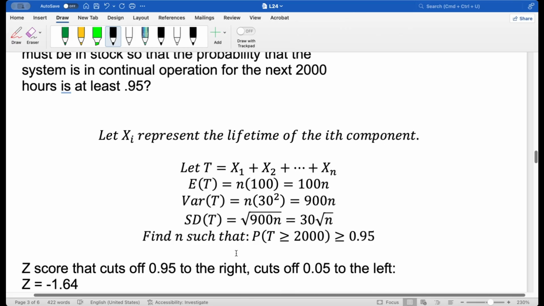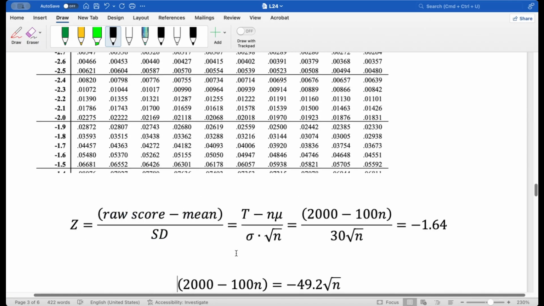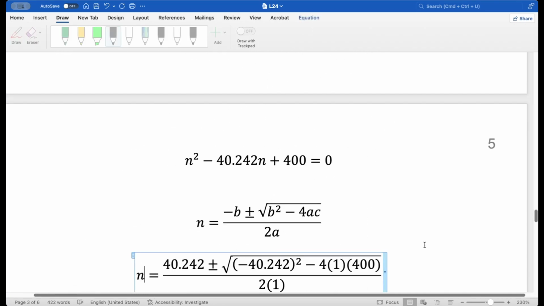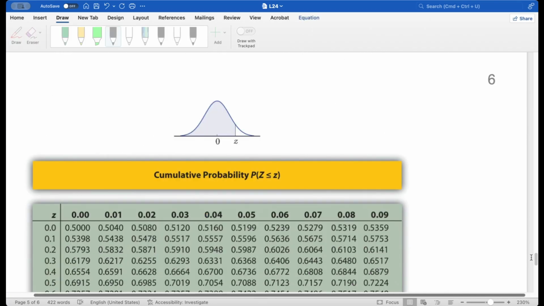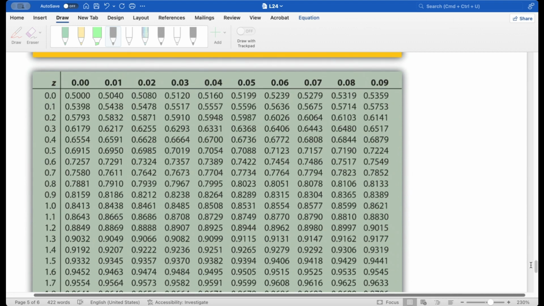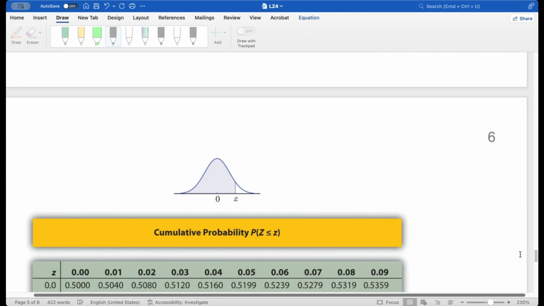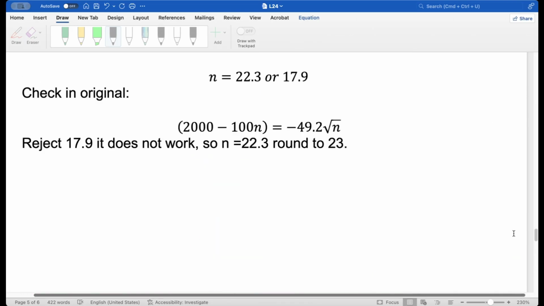So we want the left-hand side of the normal distribution. We want 95% of the probability to be on the right and only 5% on the left. So we're looking in the body of the table for 0.05. So we're going to be in the negative portion here.